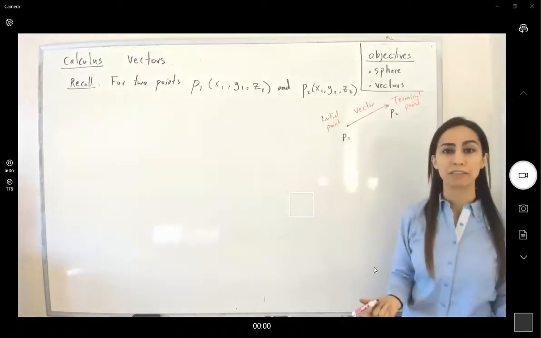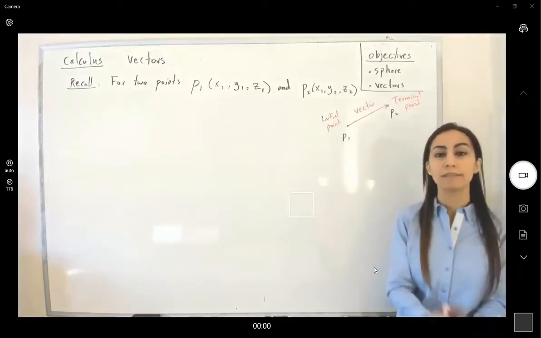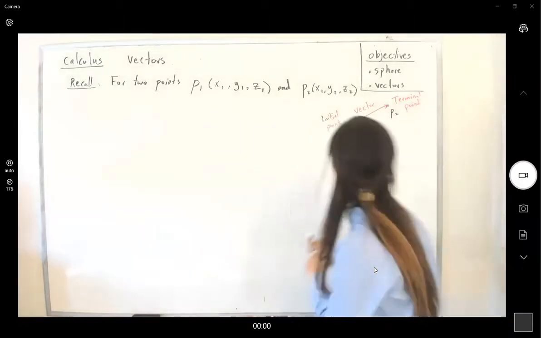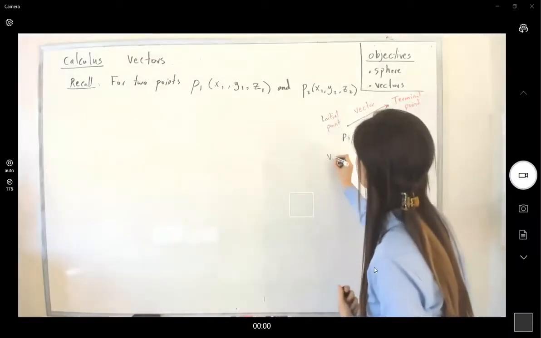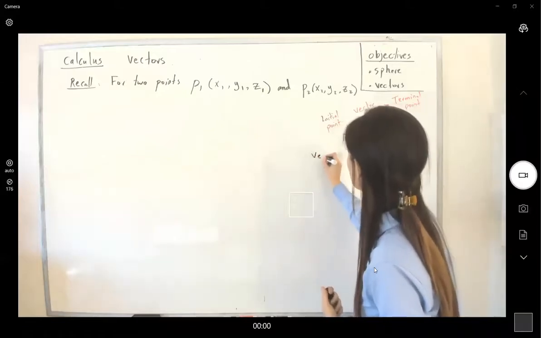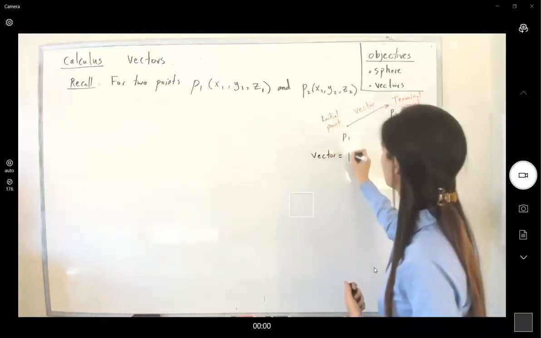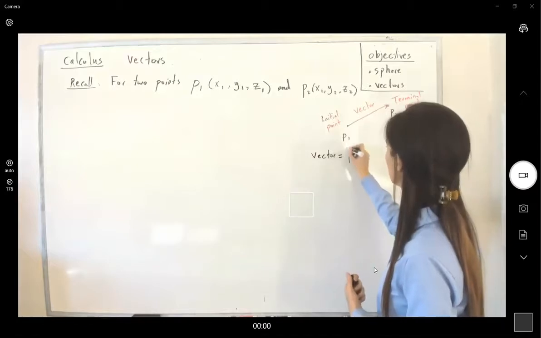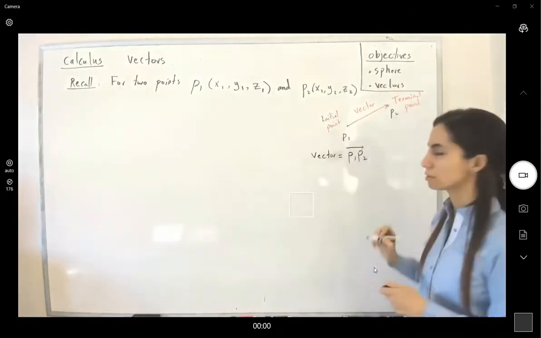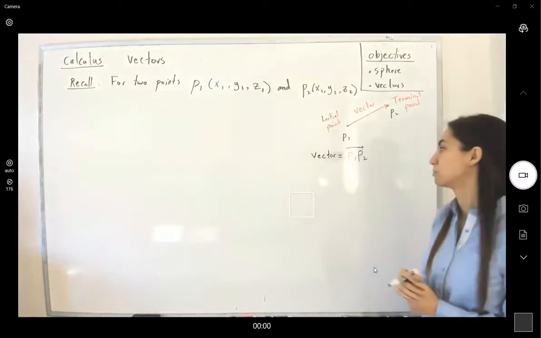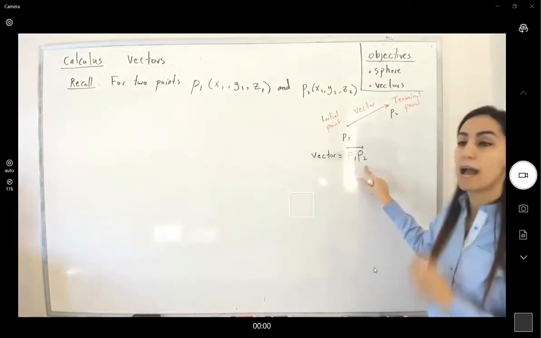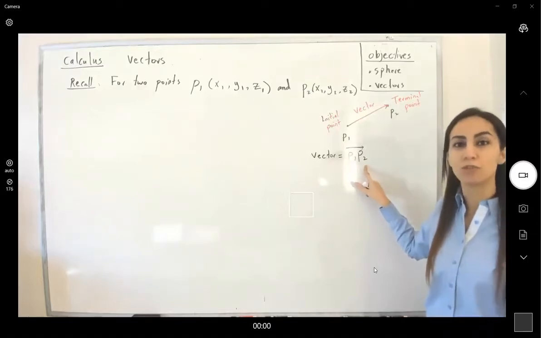So when we have a vector, we can actually write the components of the vector. This vector can be written as P1, P2 with a bar on top of it. Sometimes we use an arrow, some other times we just use a bar. So this is a vector starting from P1 and stopping at P2.